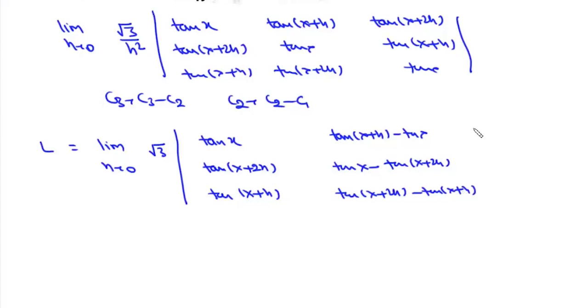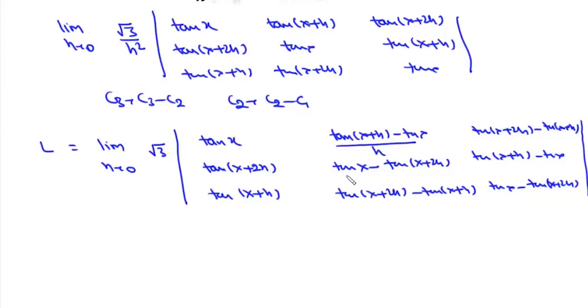In the same way, here will be tan x plus 2h minus tan x plus h. This is tan x plus h minus tan x, and here will be this tan x minus tan x plus 2h. And then we have this h square, and what we'll do is we'll take 1 upon h in column 2 and 1 upon h in column 3.